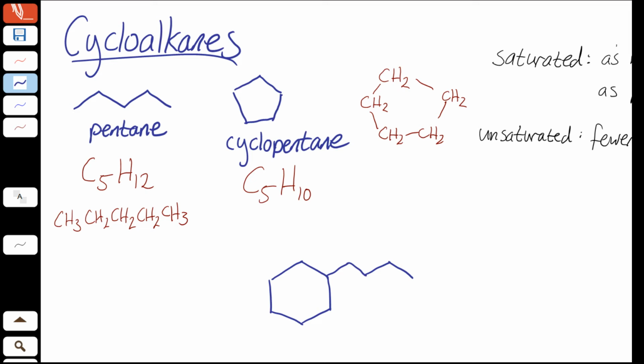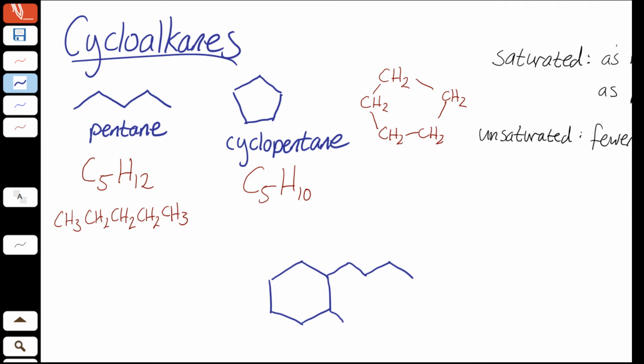So now when we number our carbons, we have more choices with a ring because you can start anywhere. You don't have to start on one of the ends. So we have to make sure to pick our starting spot nicely so that we get the lowest numbering. The best way to do that here is to call this one and then go around clockwise. You don't have to go around clockwise.